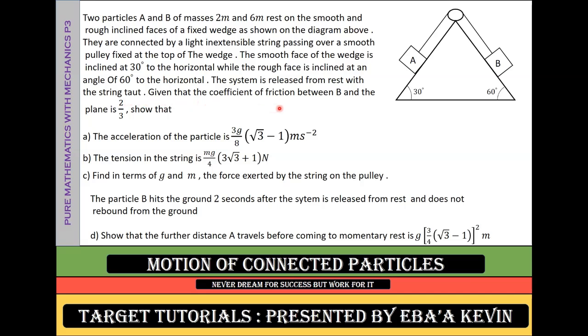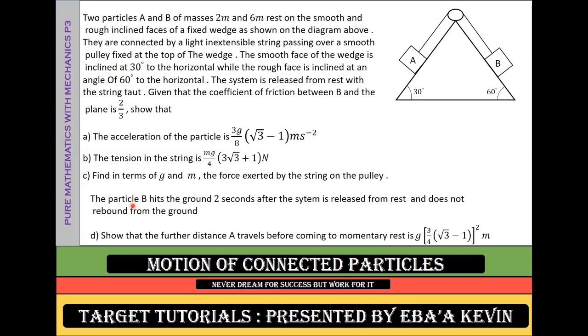Given that the coefficient of friction between B and the plane is 2/3, show that A, the acceleration of the particle is 3g divided by 8 times the square root of 3 minus 1 meters per second squared. B, the tension in the string is mg divided by 4 times 3 square root of 3 plus 1 Newtons. C, find in terms of g and m the force exerted by the string on the pulley.